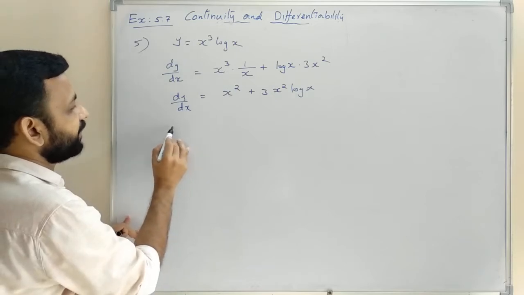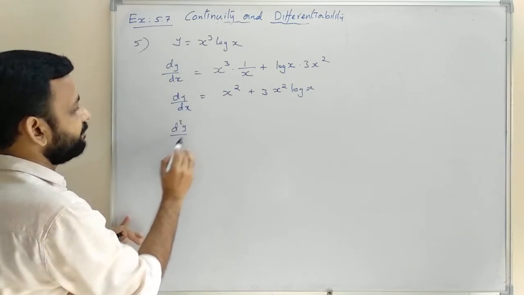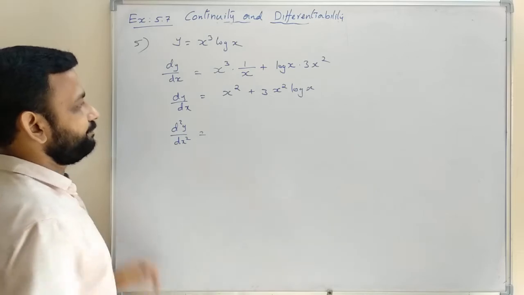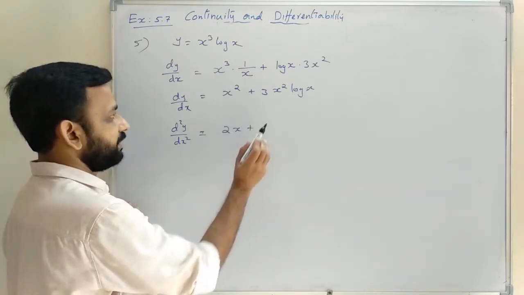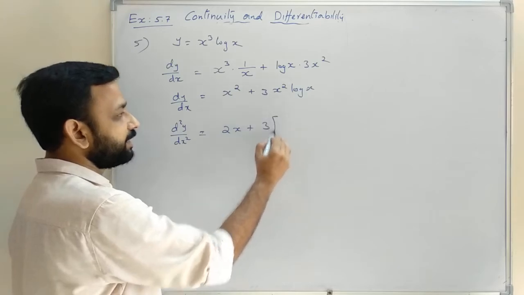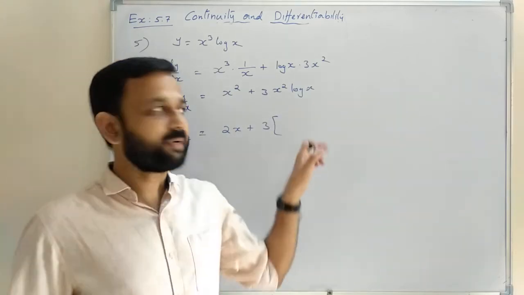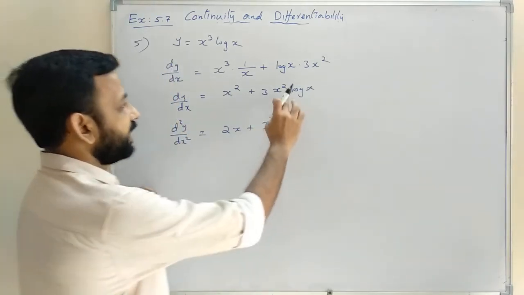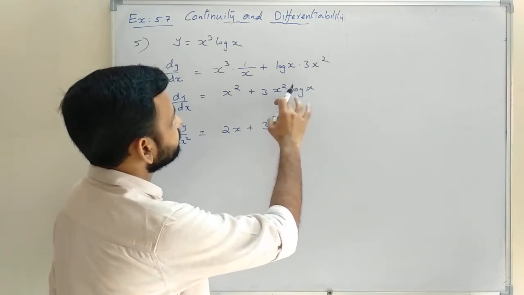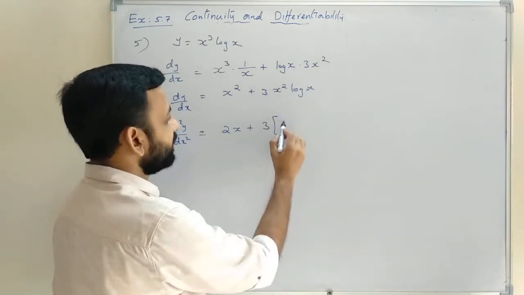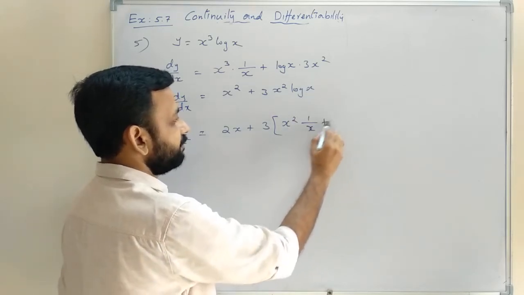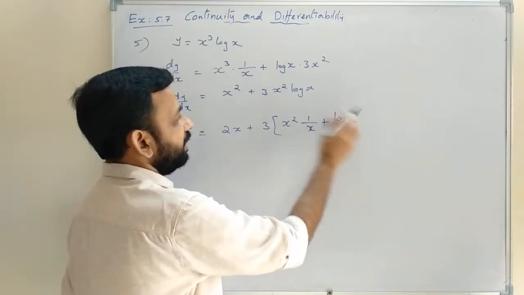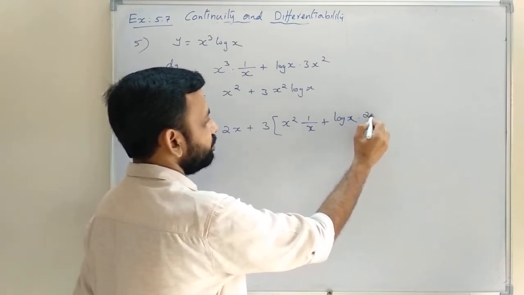Now we are going to find the second derivative, d square y by dx square. Derivative of x square is 2x, plus 3 constant outside. Again we will apply the product rule to x square into log x: first function x square, derivative of log x, 1 by x, plus second function log x, derivative of x square, 2x.